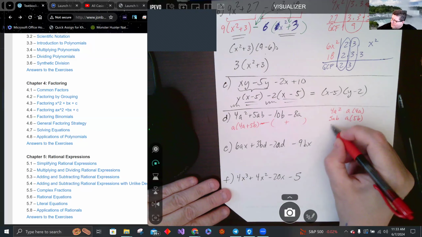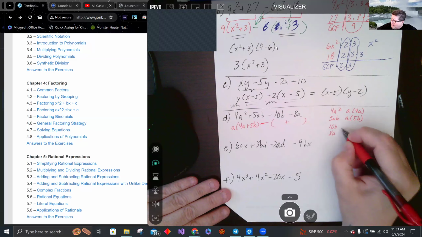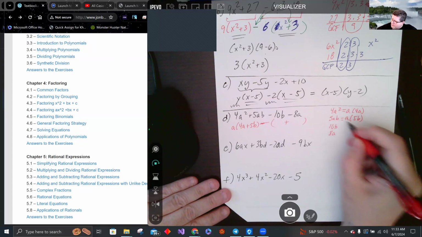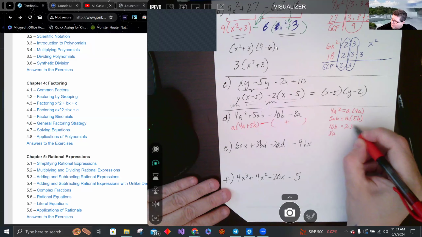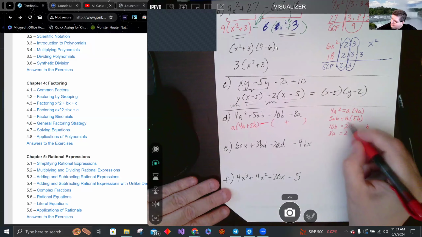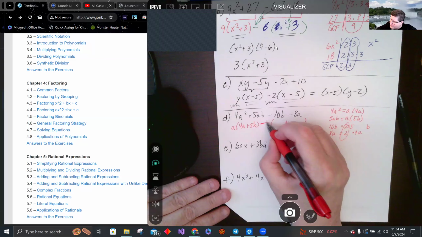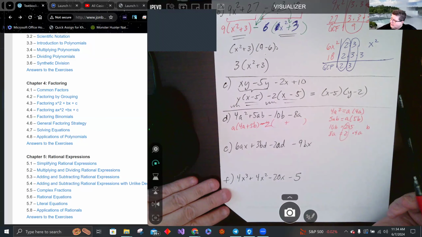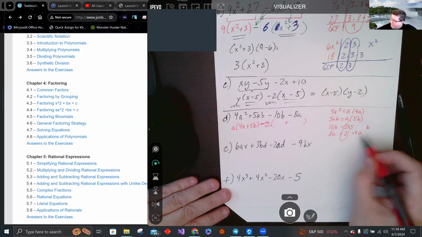I've got 10b and 8a. These both are multiples of 2. That's got an a and that's got a b. So I'm pulling out a 2, and I'm left with 5b and 4a.